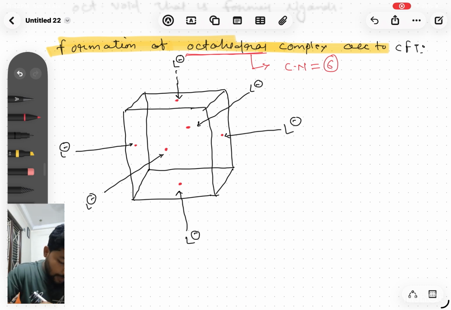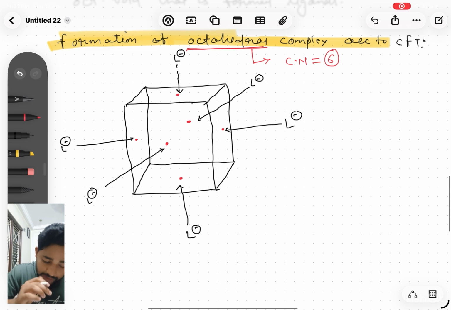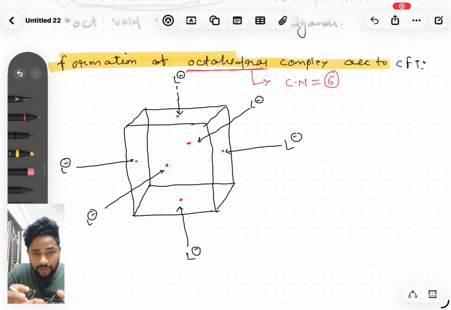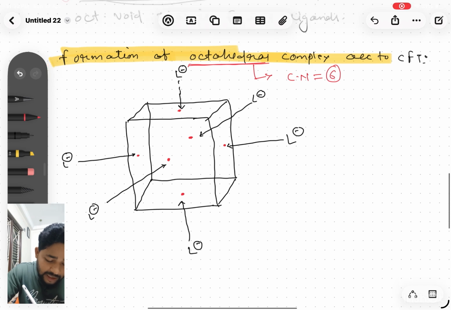Now see what happens. If they approach from these six different faces, then inside this cube there will be an octahedral void, right? So in this octahedral void the metal is present. Okay, this is your metal.